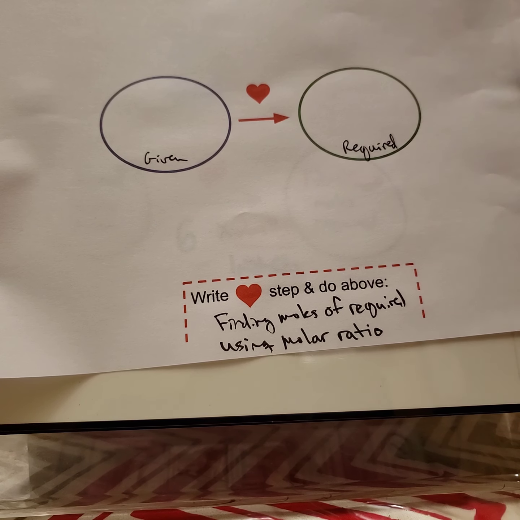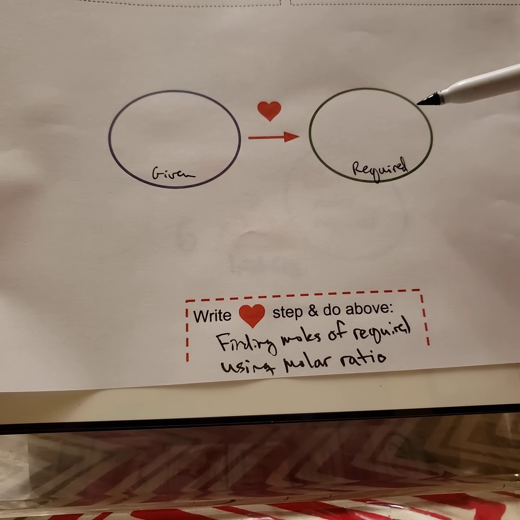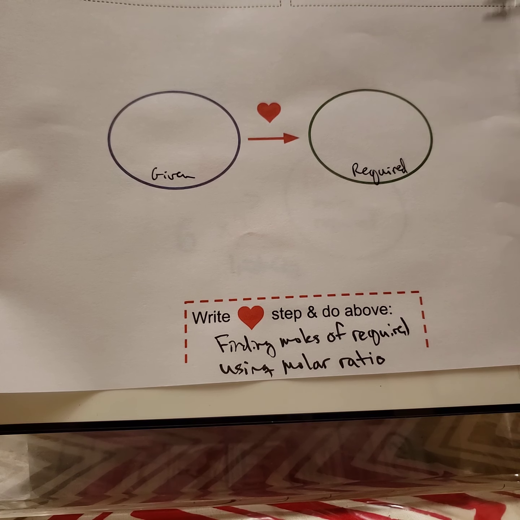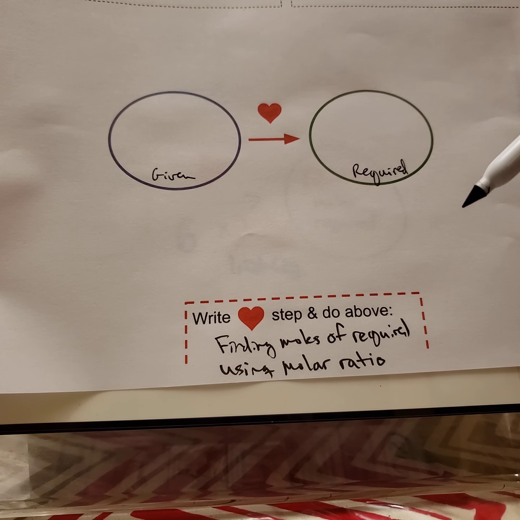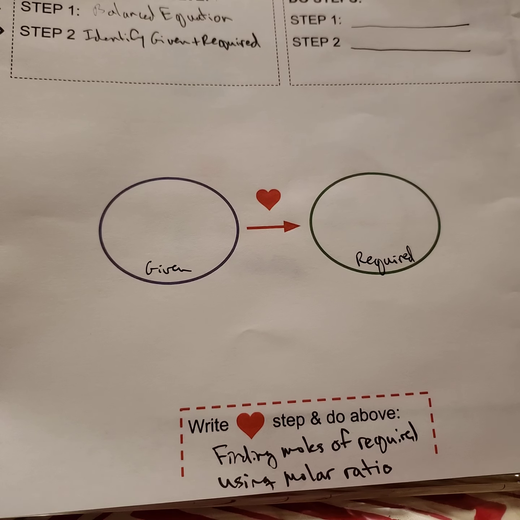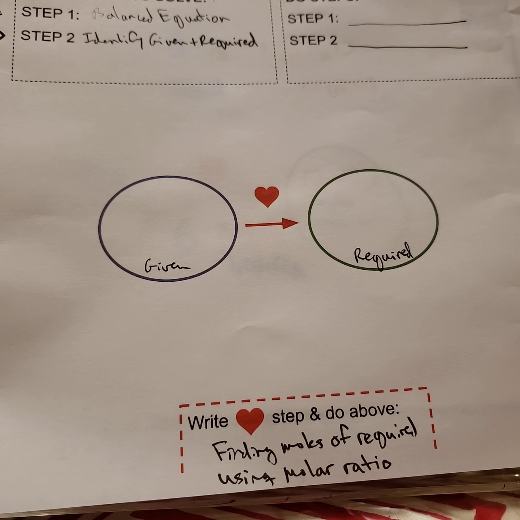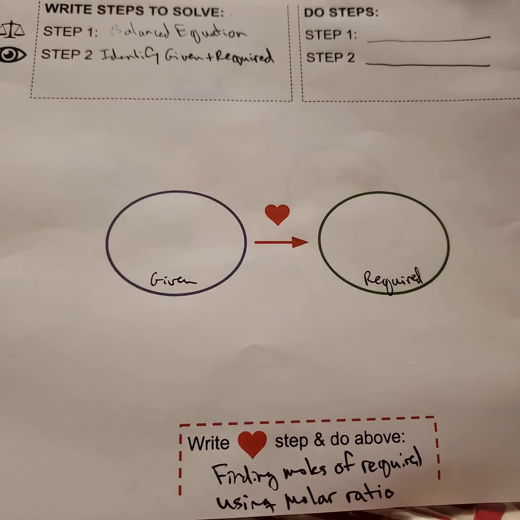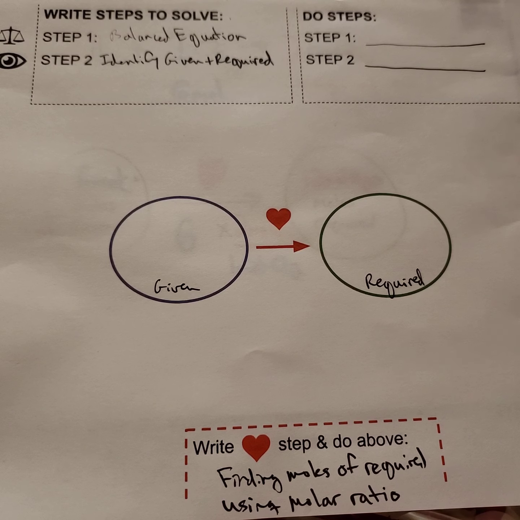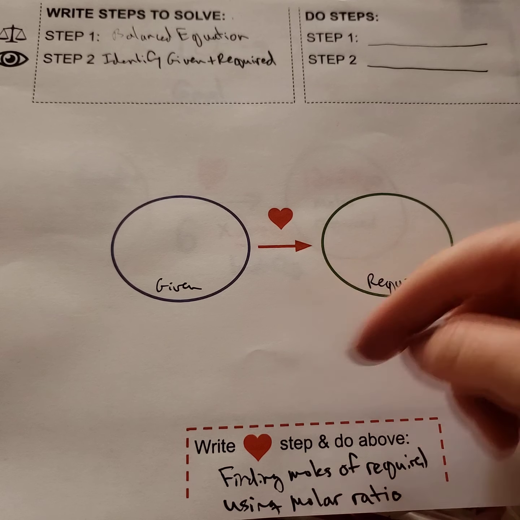Some of you might think, oh, I don't really need these circles, but I'd suggest you print this off and basically work through it this way, because we're going to build this up into a whole map to do all kinds of stoichiometry problems. So just start with this one and work your way through, and there'll be other ones to print off once you've tried your moles to moles and you're comfortable with doing that with the molar ratio.